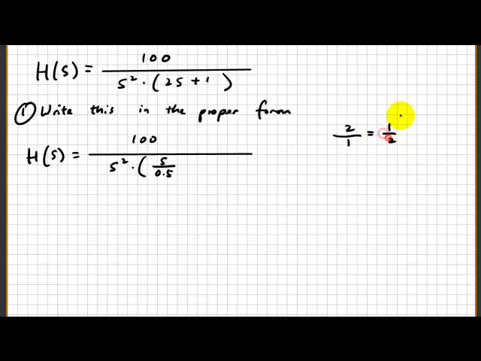So 0.5 is actually 1 over 2, and that is the frequency breakpoint. Obviously we don't have anything for the zeros, and then you have the poles. We start at 0 and then 0.5.